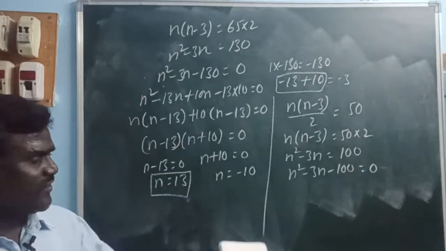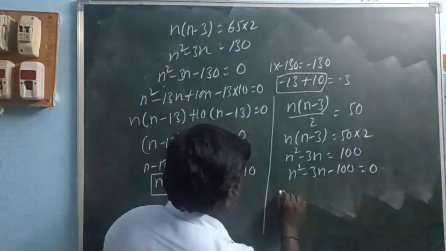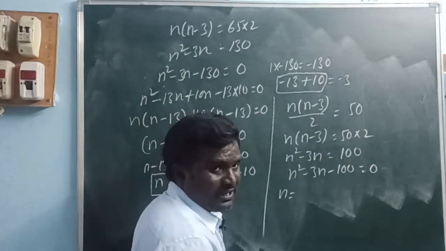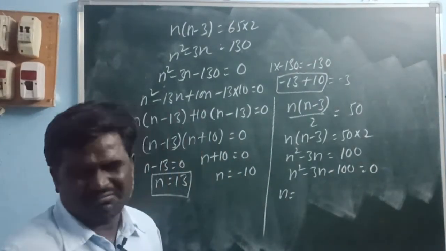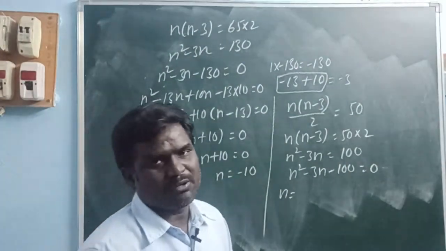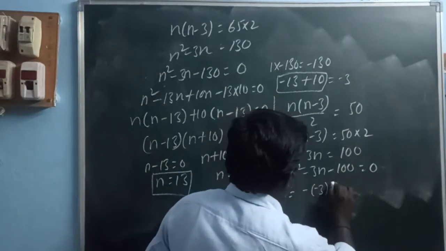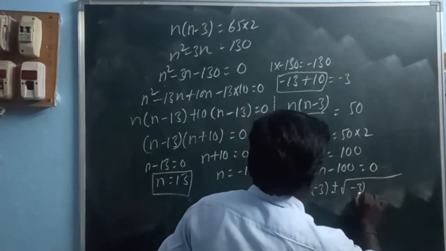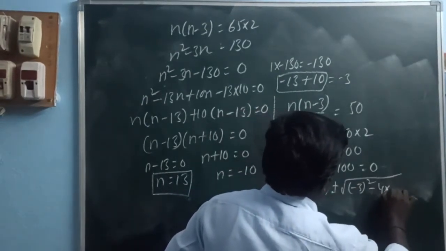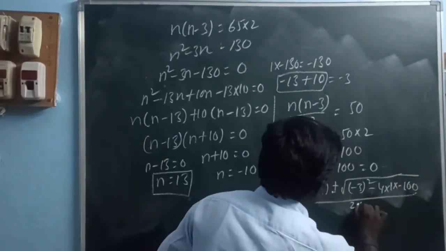Here we find the roots using the quadratic formula: n is equal to minus b plus or minus square root of b square minus 4ac, by 2a. That is minus of minus 3 plus or minus square root of minus 3 whole square minus 4 into 1 into minus 100, by 2 into 1.